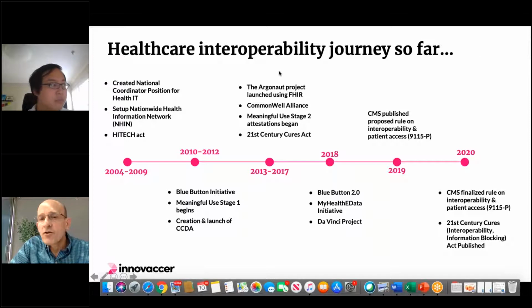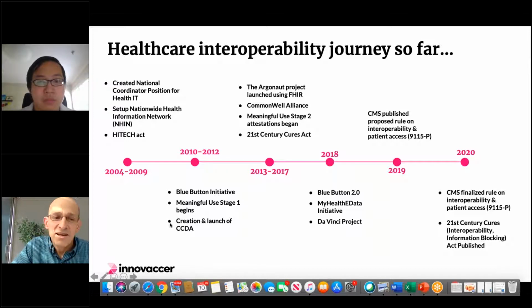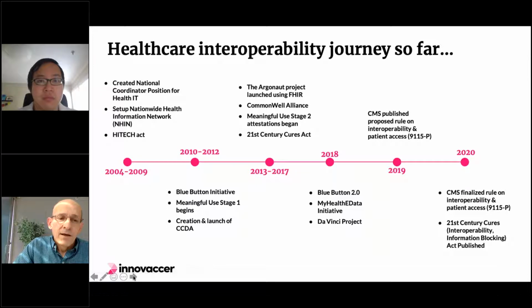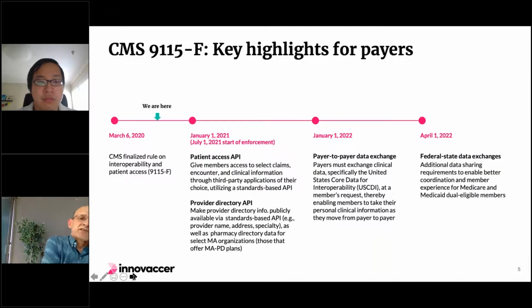And just last year, CMS published its proposed rule for us to review, 9115P. We're going to talk a lot about that. And then in 2020, CMS finalized the rule right as we were going into this pandemic, along with the patient access rule, the 21st Century Cures Act rule being published as well. So here we are today. 9115F is published. Gosh, we probably have a lot of work to do, particularly in the payer market.